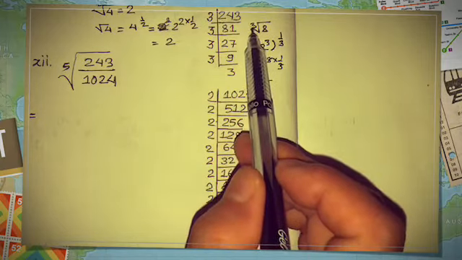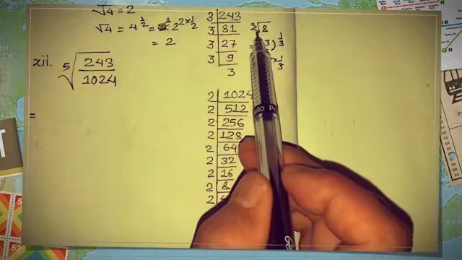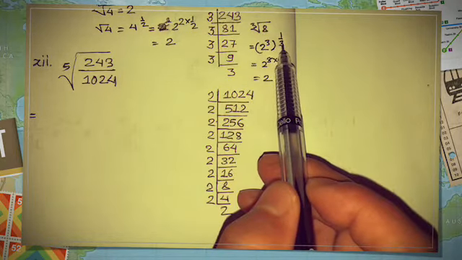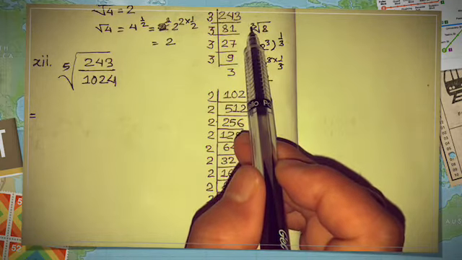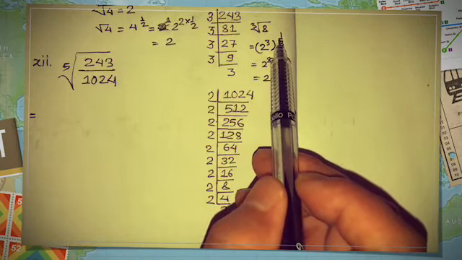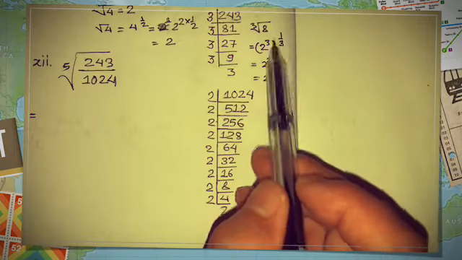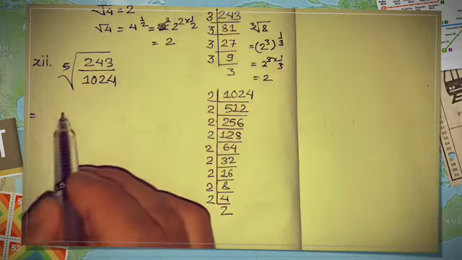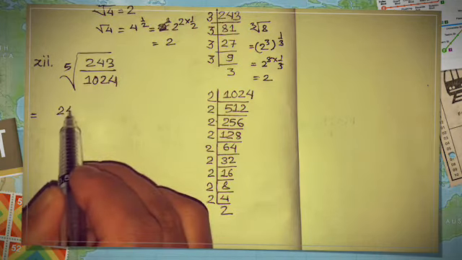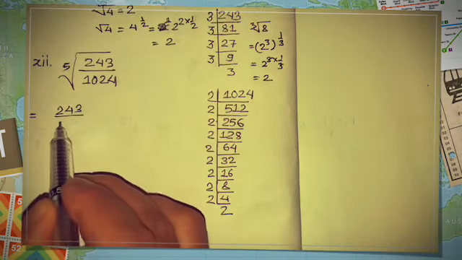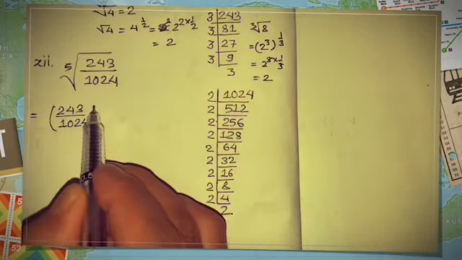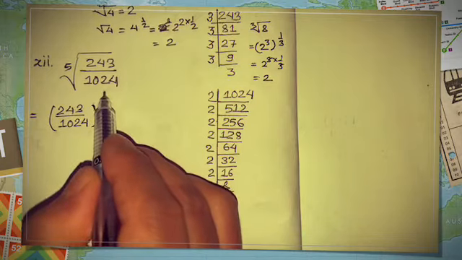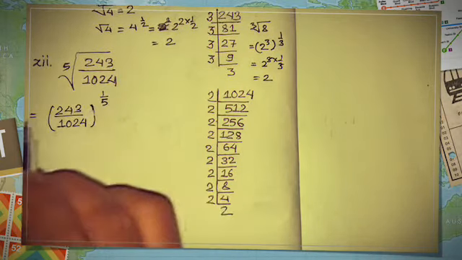Similarly, this radical has order 3, so this is a cube root. So this can be expressed as the power 1 by 3. So the order of the radical can be expressed by its reciprocal in this case. So here also, 243 divided by 1024 can be expressed with power 1 by 5.